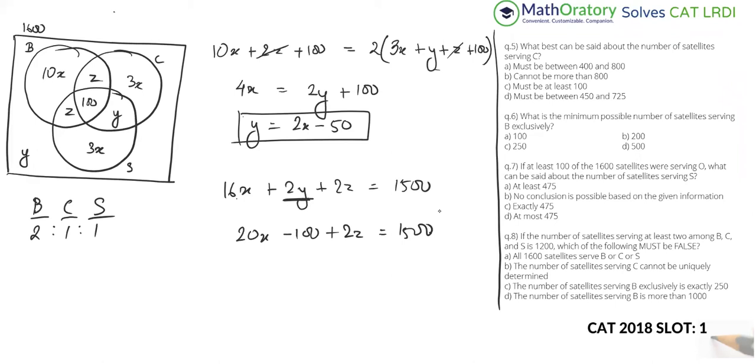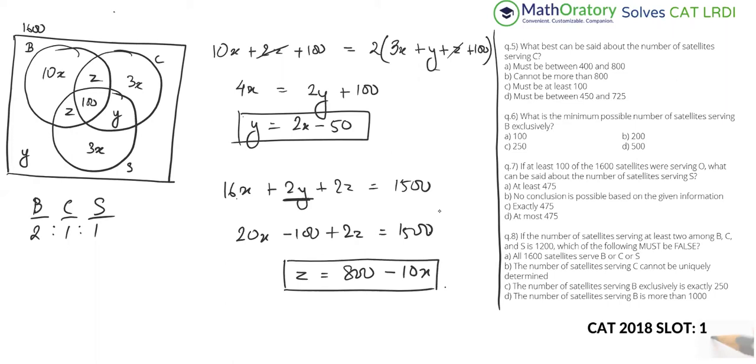So z is equal to, let me show you how we can do this mentally. Minus 100 goes this side, it is 1600, half it, so 800. And the 20x goes on the other side, the right hand side, in negative form. But then you half it as well because 2z has to be halved. So minus 10x. Or you can write those steps, you'll get to the same point. So these are y and z in terms of x.